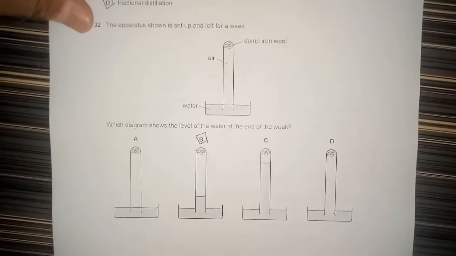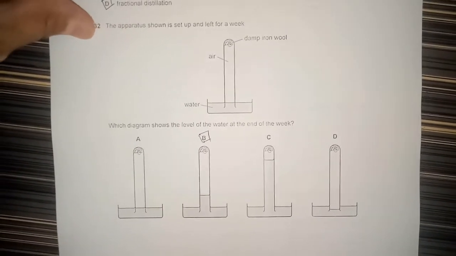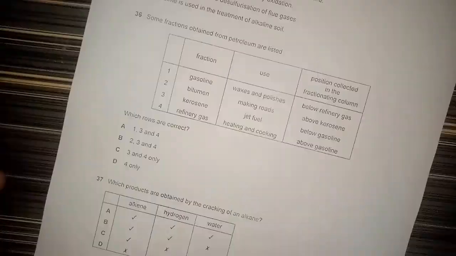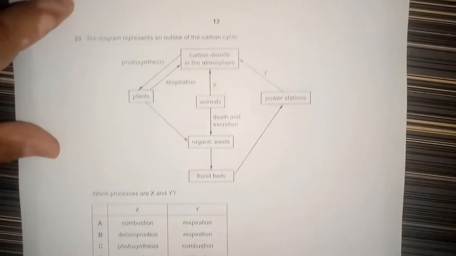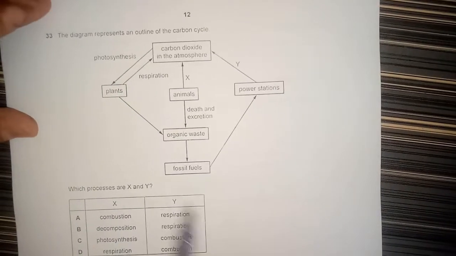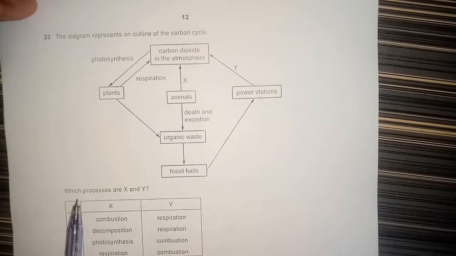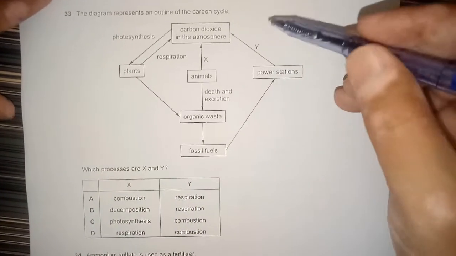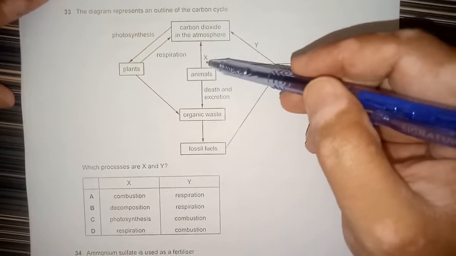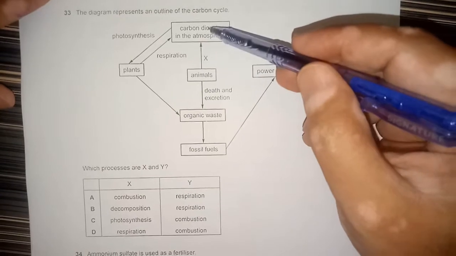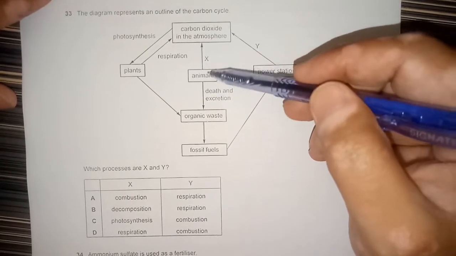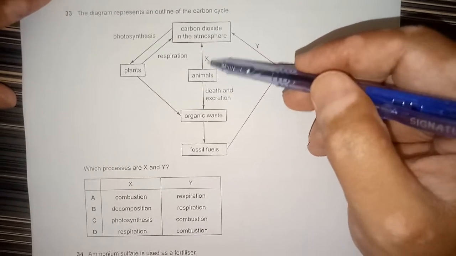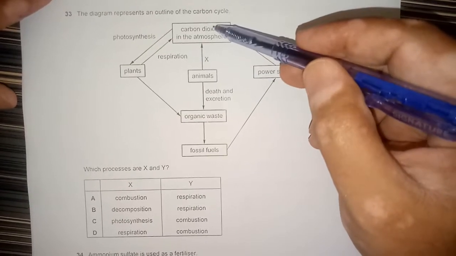Next we are going to proceed with question number 33. In this question number 33 we have a cycle. The question is which processes are X and Y. So we are going to look for X and Y. Animals, then X. So we can say that respiration in the animals can lead to the formation of carbon dioxide.